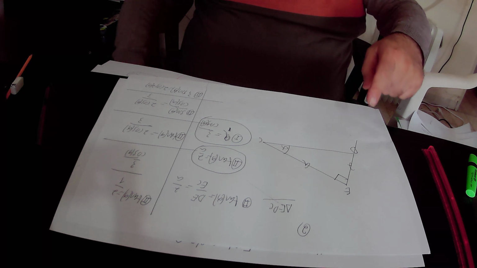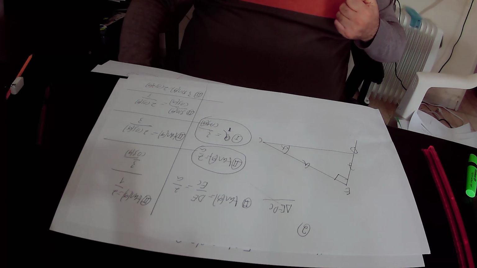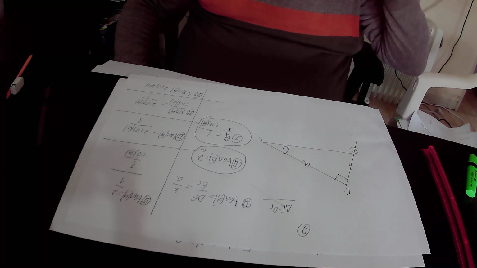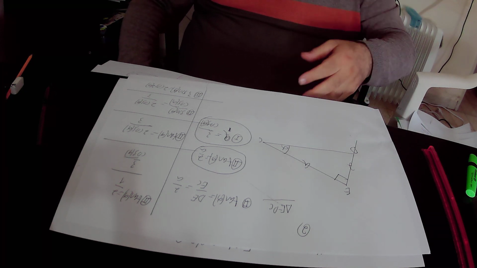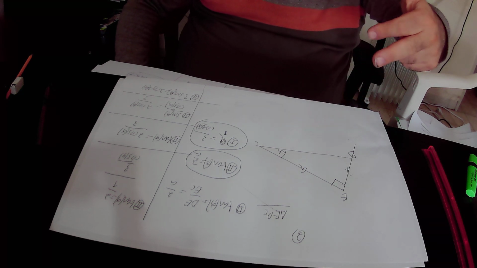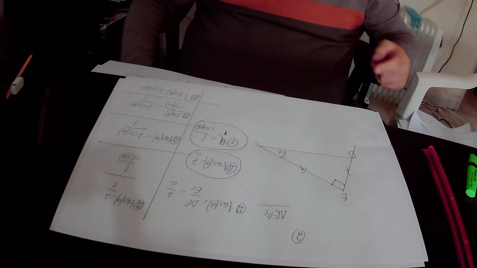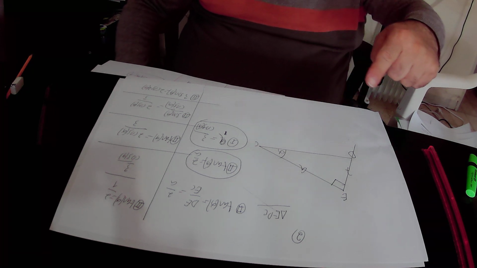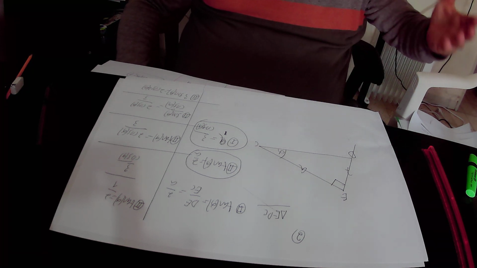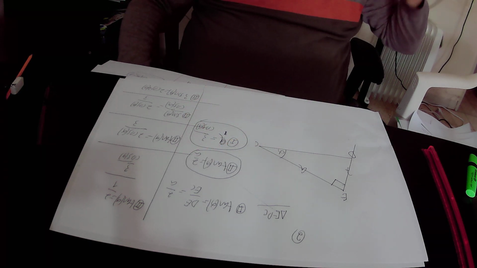In the right triangle DEC, EC equals A, this angle equals alpha according to our definition, and DE equals 2 according to what is given in the question. So in this right triangle EDC, tangent alpha equals DE over EC. DE equals 2. EC equals A. So in conclusion, tangent alpha equals 2 over A, according to equation number 2.